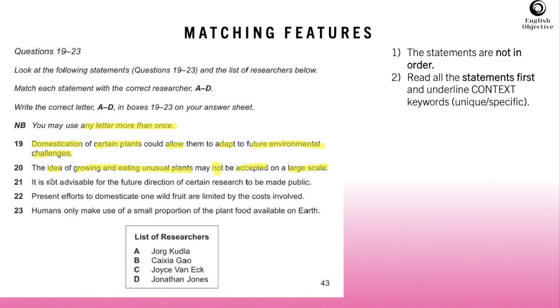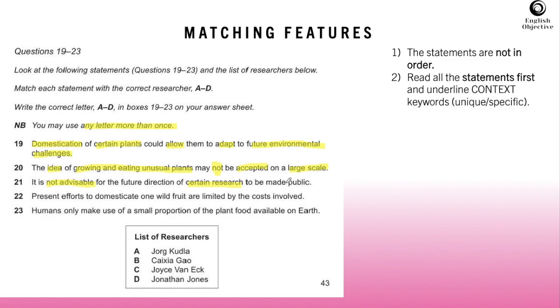All the things that are negative, we should highlight them, for the future direction of certain research, so certain research to be made public.